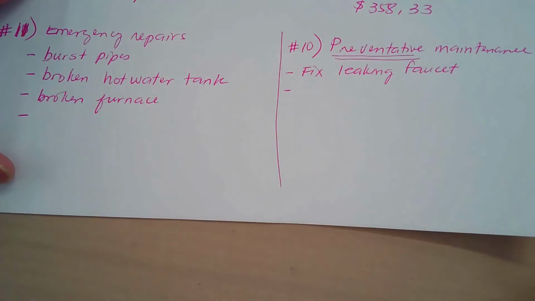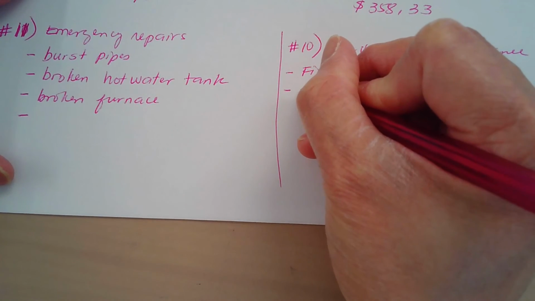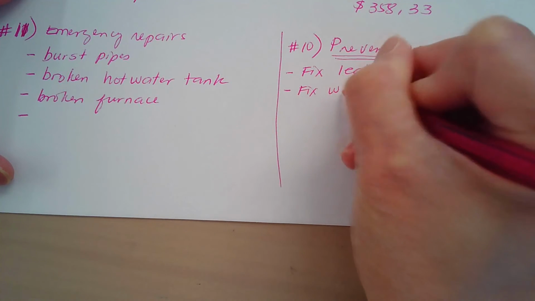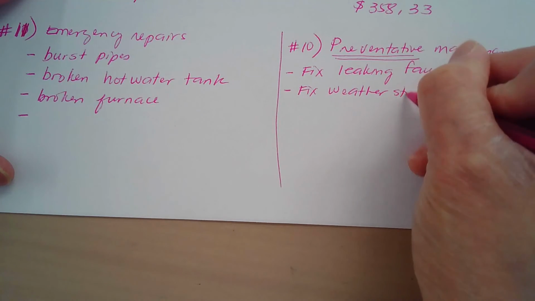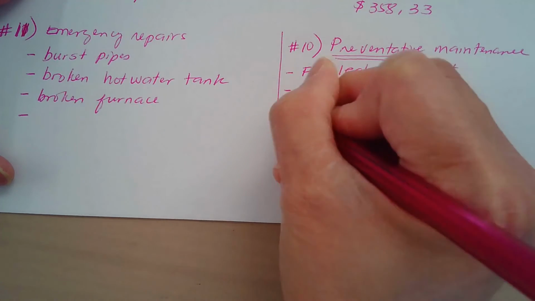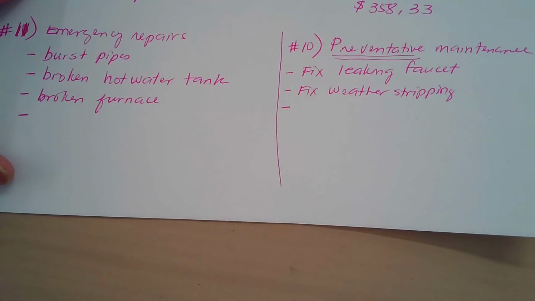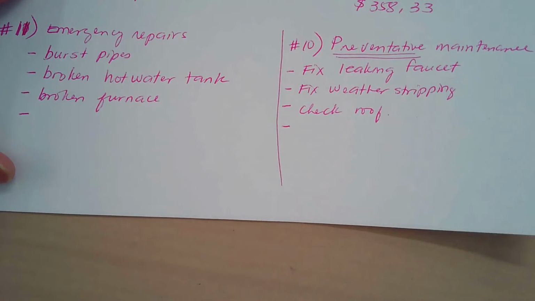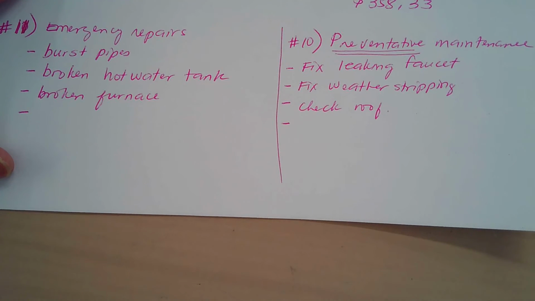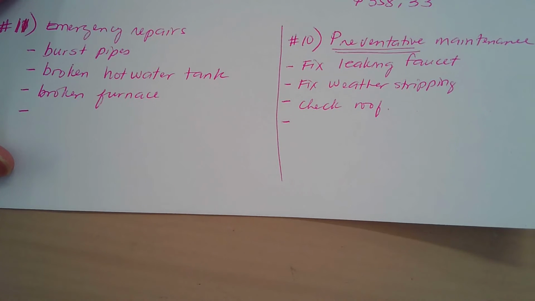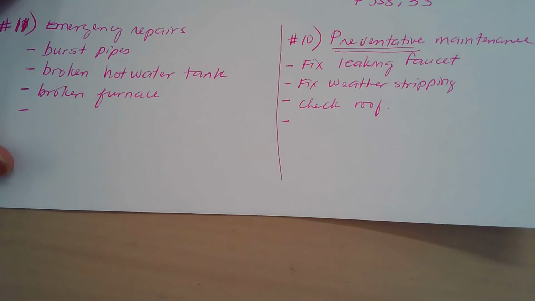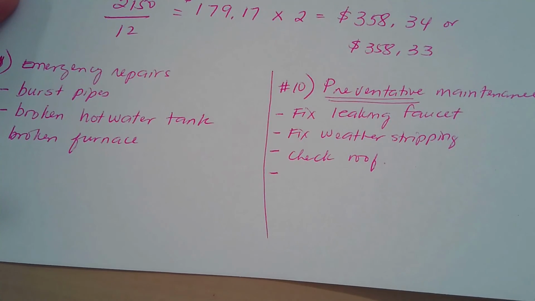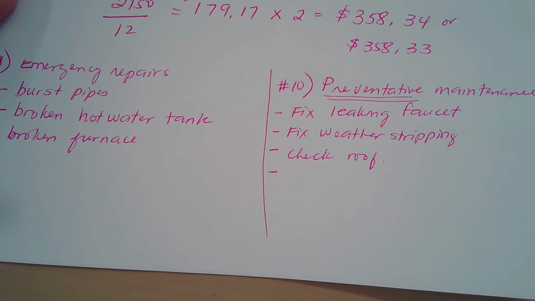What else? Weather stripping. You've got 6 months to fix weather stripping. Check roof. Just make sure there are no broken or missing shingles. What else?